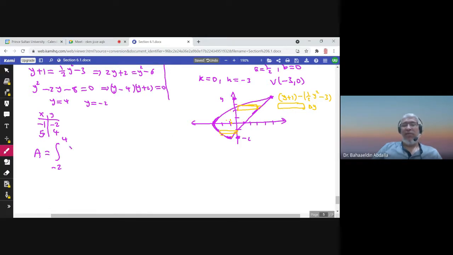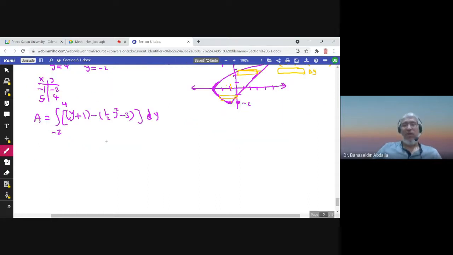And the length of the rectangle would be y plus 1 minus half y squared minus 3. And the integral is with respect to y. And now you continue and find the area. So I will write it from negative 2 to 4. I have y plus 1 minus 3, which would be 1 plus 3, which is 4, and minus half y squared after expanding.